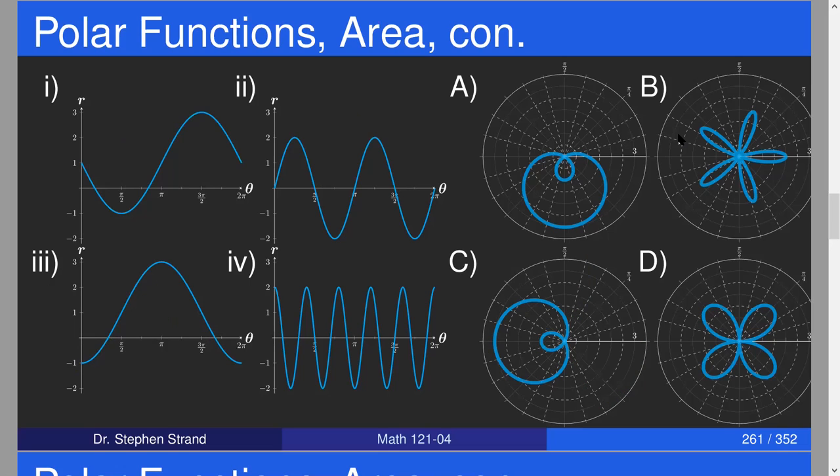So we know this should be A, D, C, which means by process of elimination, we hope that this graph corresponds to B. And again, I think one way to look at this is that these loops correspond to loops on the polar graph. So let me back this up a little bit.